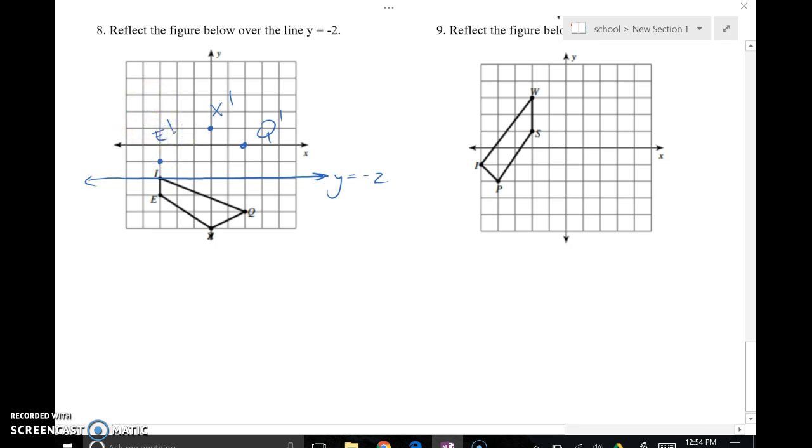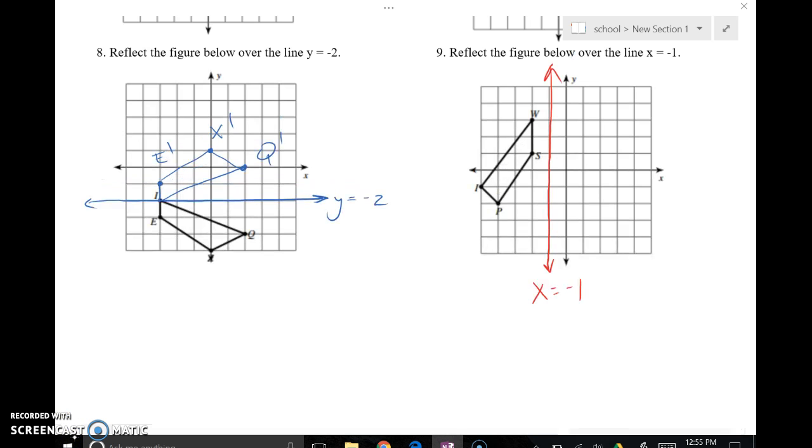And again, notice that I, because it's on the line, it's going to stay the same. So now we connect our vertices of our quadrilateral, and you should be able to see that the pre-image and the image are congruent. So this is an isometric transformation, but it's a mirror image flipped vertically over y equals -2.